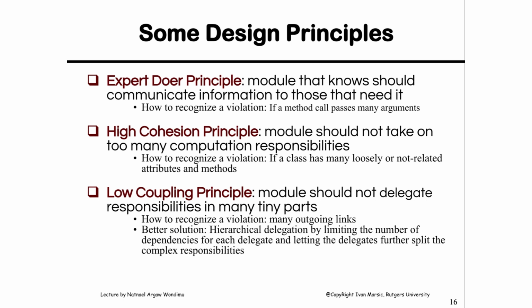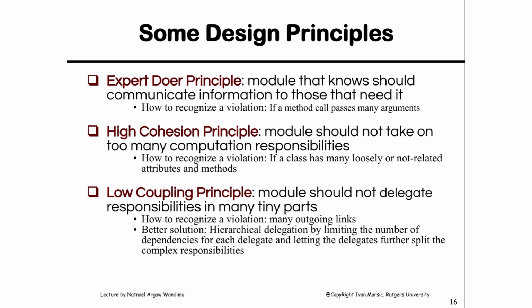The first one is the expert doer principle. The concept is that modules that know should communicate information to those that need it. You shouldn't engage extra or unwanted modules in a given control flow or dynamic model, but only the expert modules, or only modules that are responsible to take some action should be assigned that task or action.